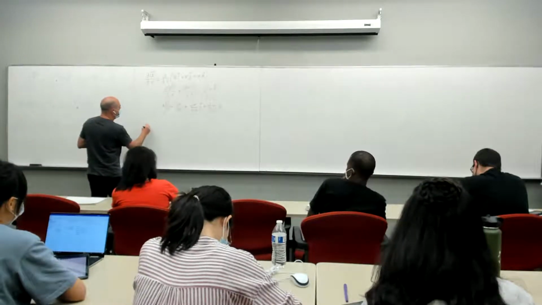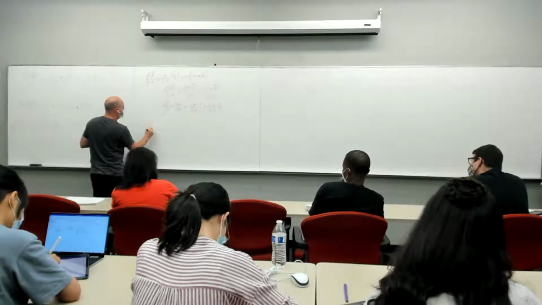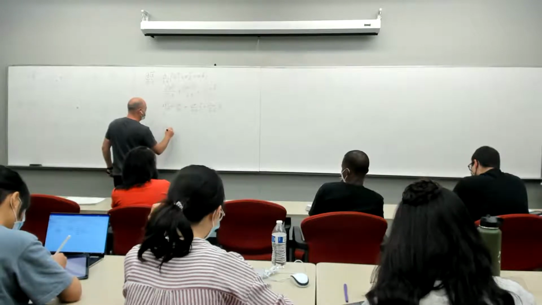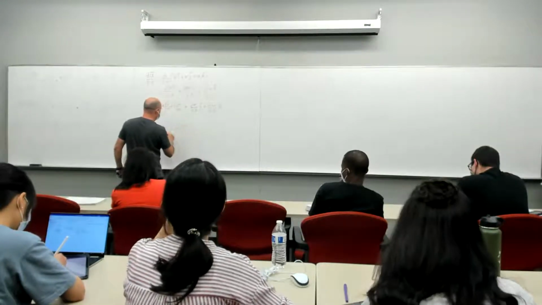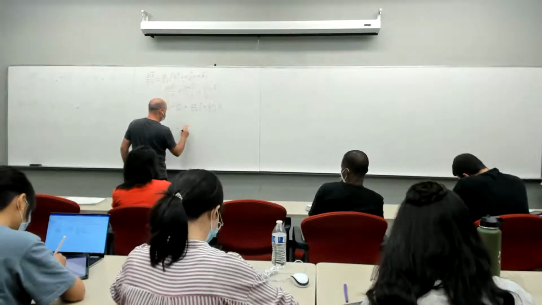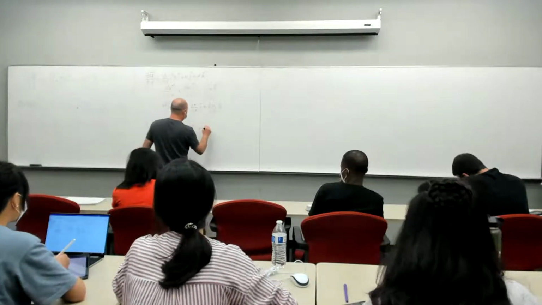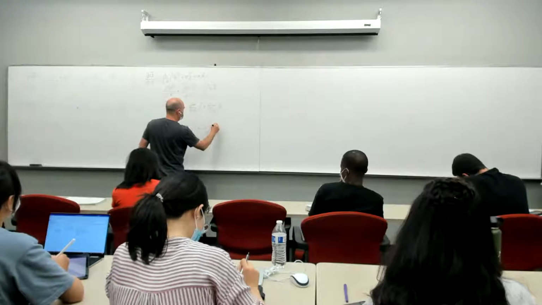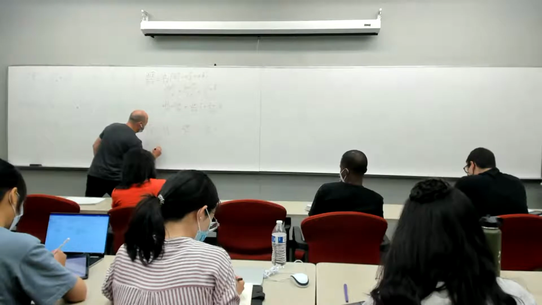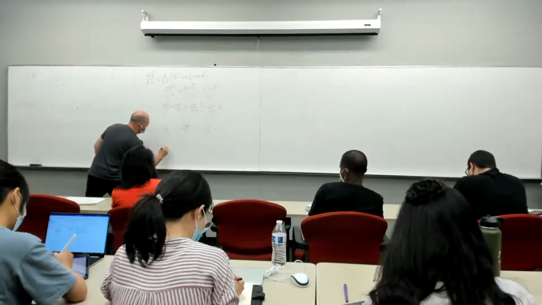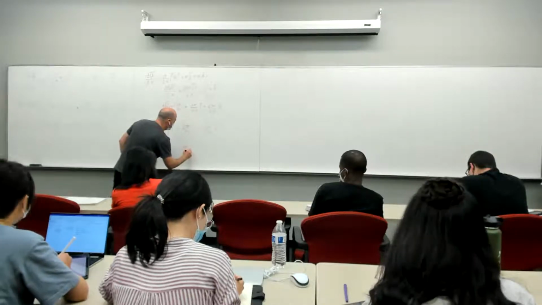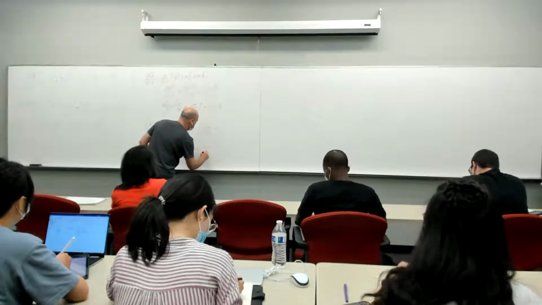So same thing here, du vector by dy is du by dy i plus dv by dy j plus dw by dy k, and same thing for du vector by dz is equal du by dz i plus dv by dz j plus dw by dz k.